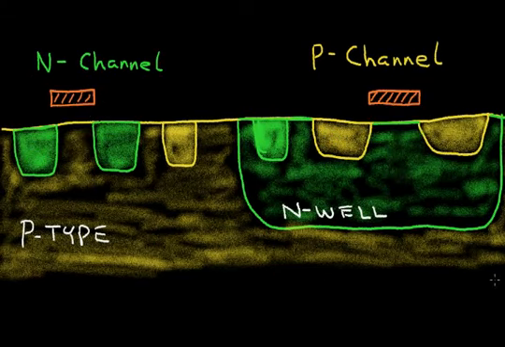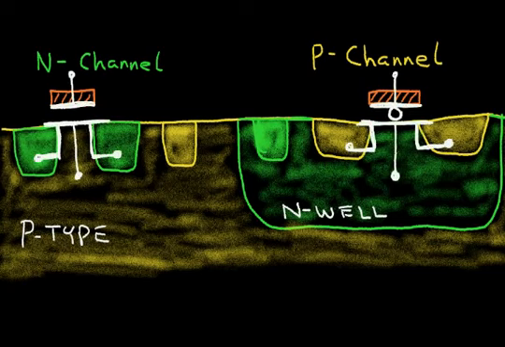Now I want to introduce the symbols for the N channel transistor and for the P channel transistor. So let's view the symbols on top of this drawing. So notice that the symbol for these transistors are very similar to the structure of the transistor. Here we have the gate terminal, the source terminal, the drain terminal, and the substrate connection.